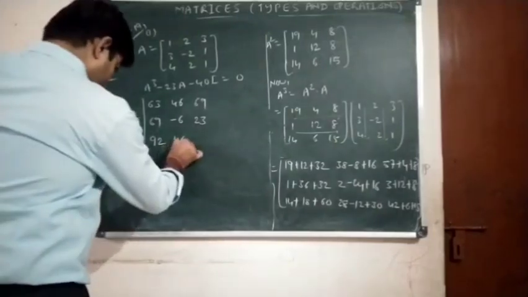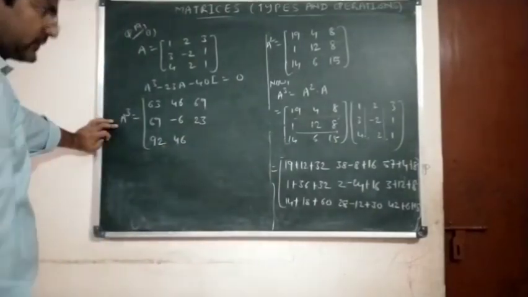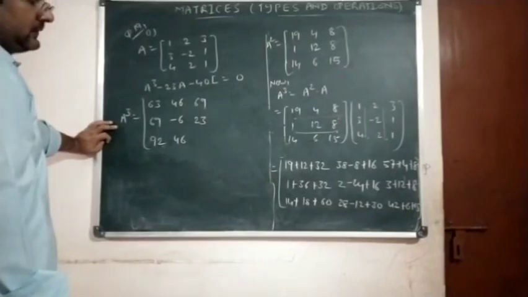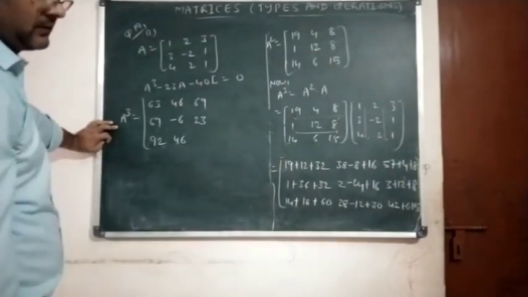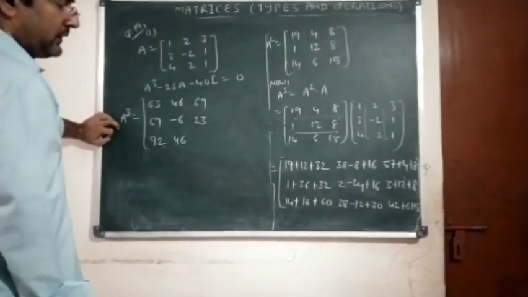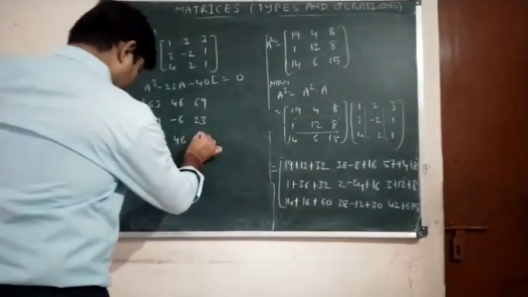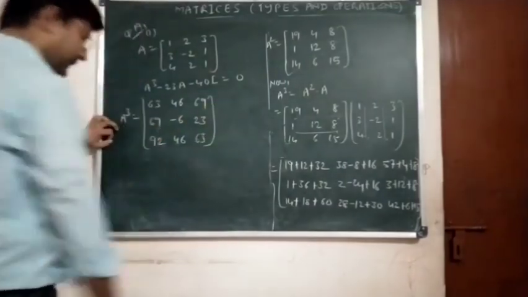So again this is 46. Okay, and lastly we have 42 plus 6, 48, 53 and 63. So this is A cube.